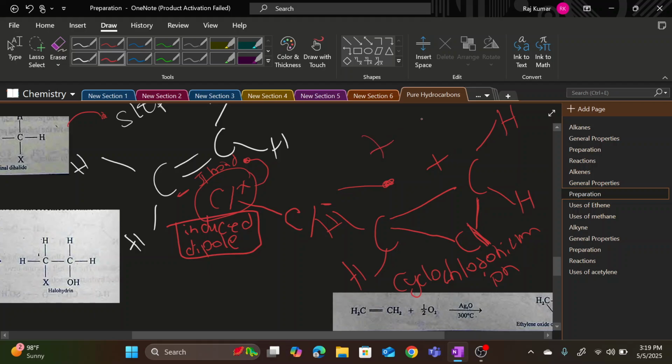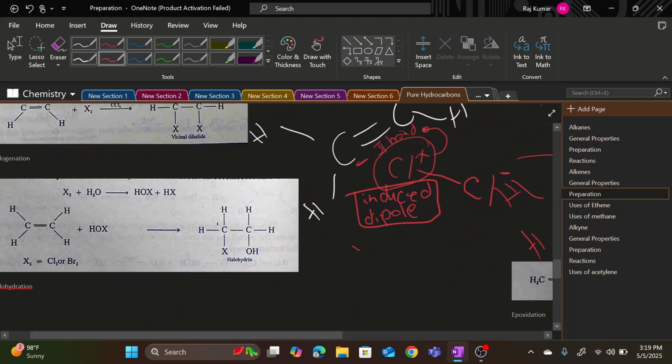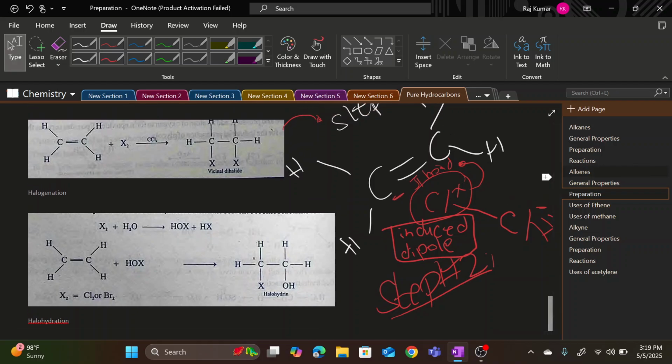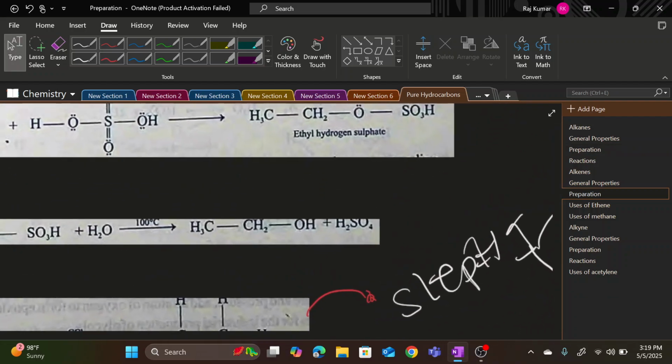In the second step, the cyclochloronium ion combines with the nucleophile, which is the negative chloride ion, to produce the vicinal dihalide. So this is how the entire reaction happens. Again, Markovnikov's rule applies here as well. So essentially we can do it then as well.